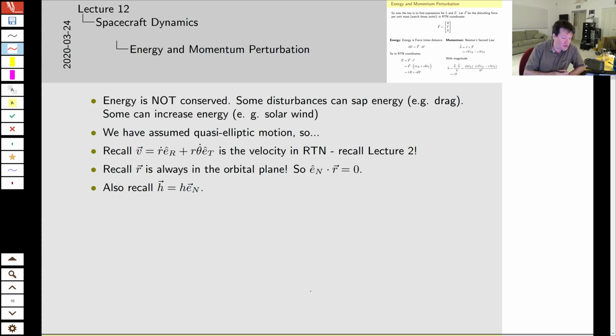Of course, all of this implies that neither energy nor angular momentum, neither the direction nor the magnitude, is conserved. Disturbances can remove or add energy to your spacecraft. So, for example, drag decreases energy, but solar wind, for example, can increase energy if it accelerates the velocity.